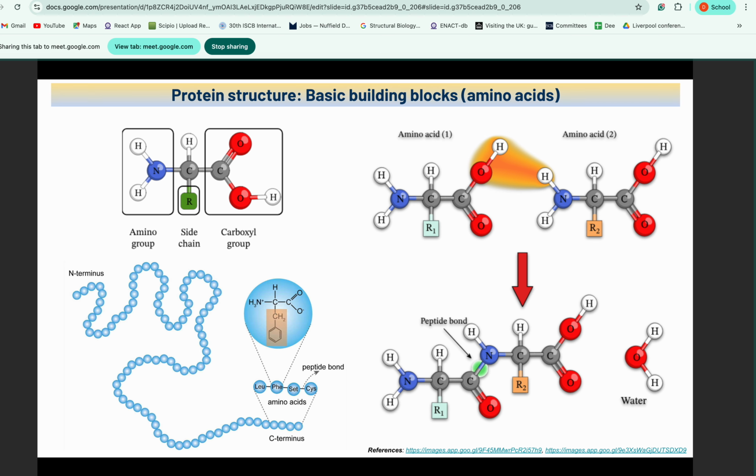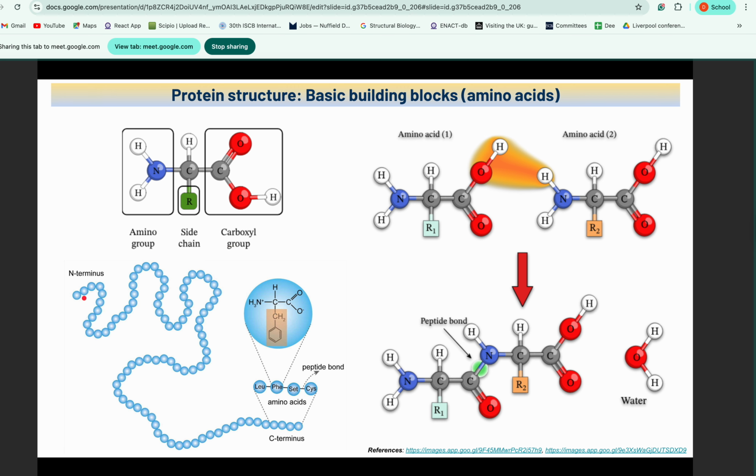As you can see, this is a long protein chain in which these small circles represent a single amino acid. So these are a series of amino acids linked to one another with the help of peptide bonds. The N terminus and C terminus show that the protein starts with an amino acid at the terminal whose NH2 group is exposed.